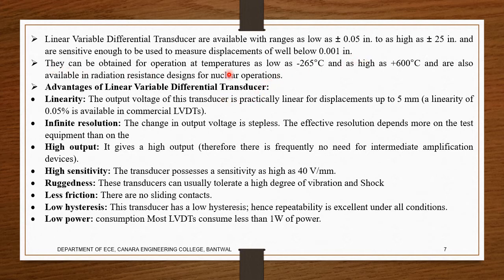They also can be obtained for operation at temperatures as low as minus 265 degrees Celsius and as high as plus 600 degrees Celsius, and are also available in radiation resistant design for nuclear operations. So these can be designed also for nuclear operations.